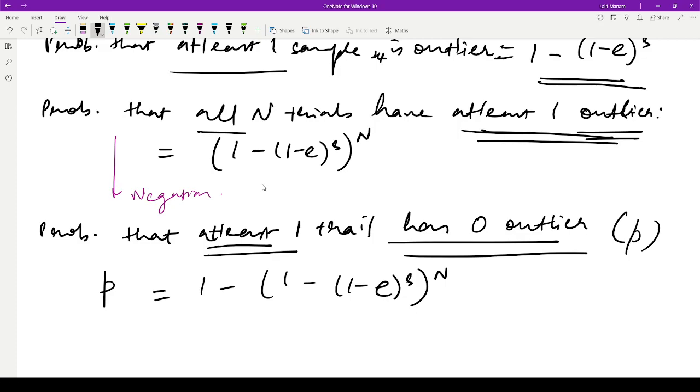Once we have the inlier set, we just find the model estimate based on those inliers. That's the whole idea. So that's how we derived this whole equation.